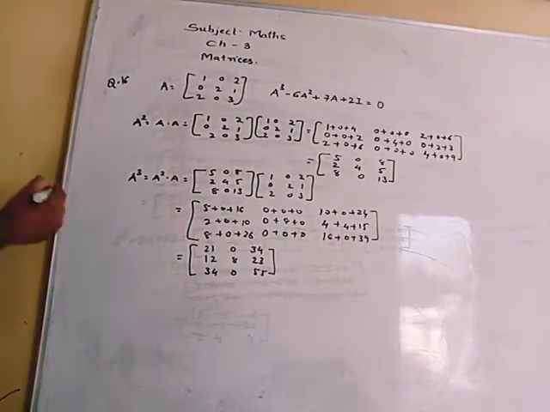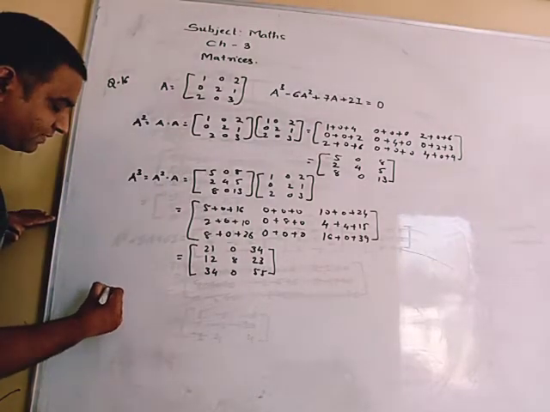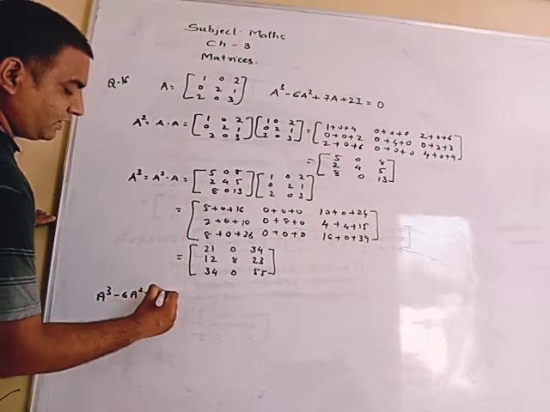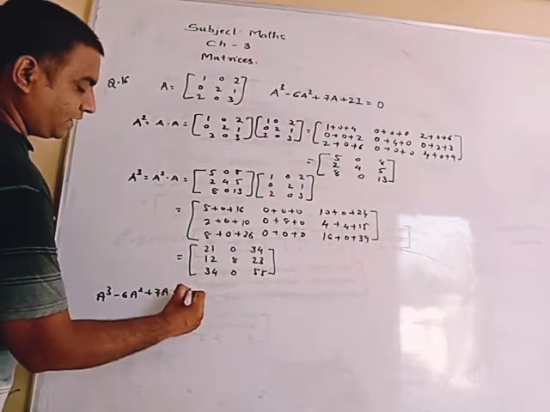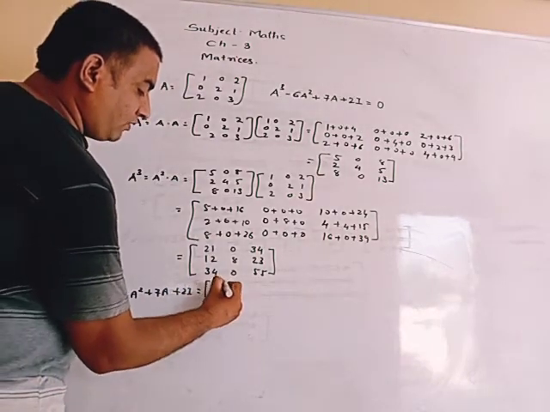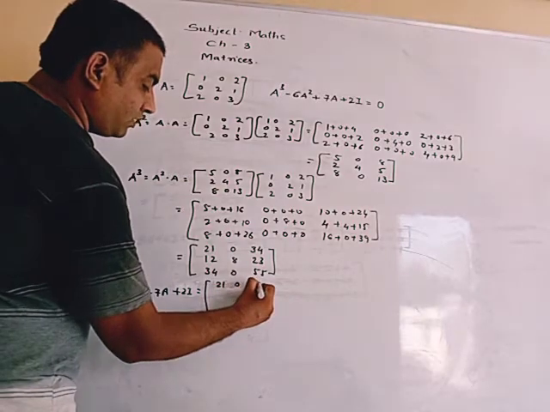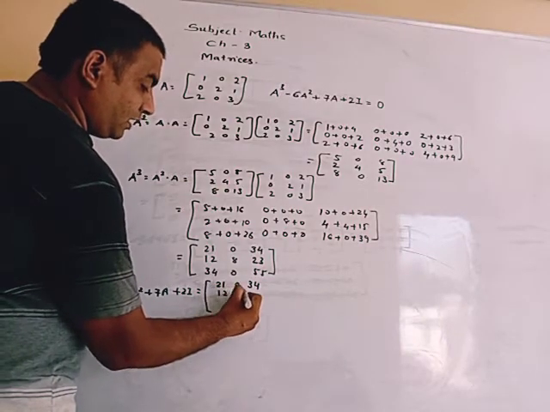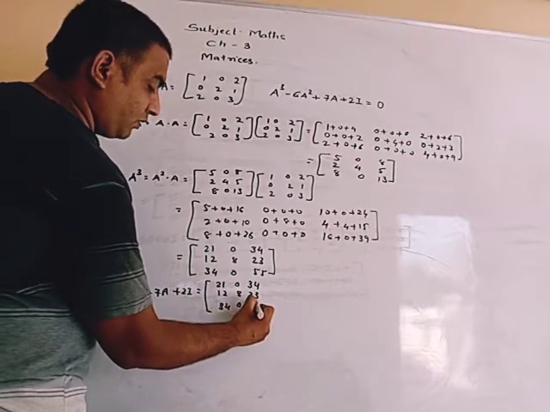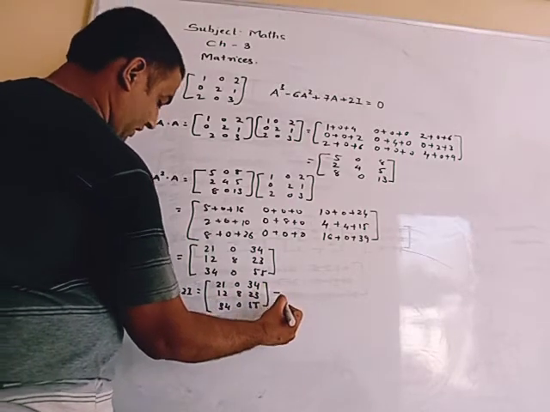Now let's find A cube minus 6A square plus 7A plus 2I. Here A cube means 21 0 34, 12 8 23, 34 0 55, minus 6A square.